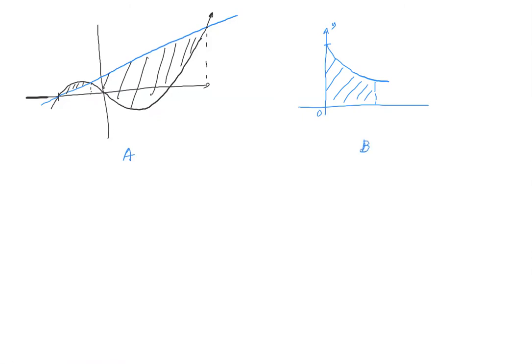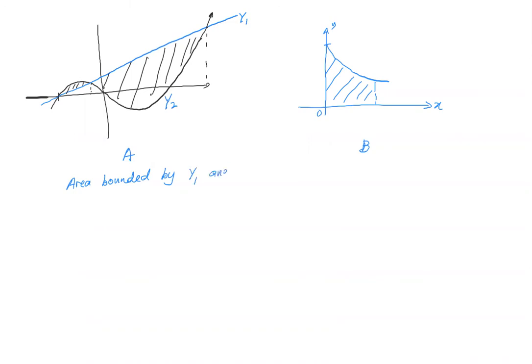This time, instead of the area bounded with the x-axis, it is the area bounded by two different graphs. This is the area bounded by curve y1 and curve y2.